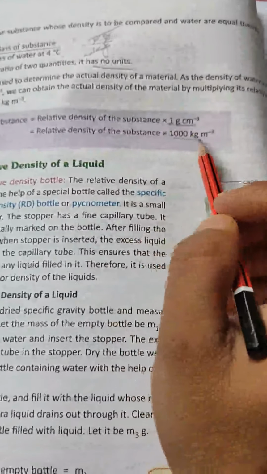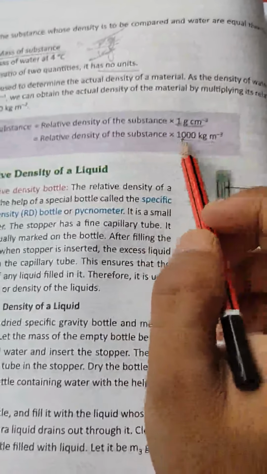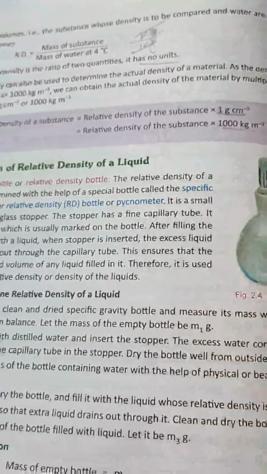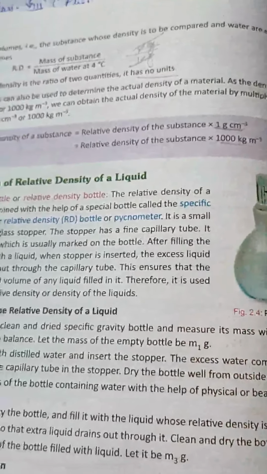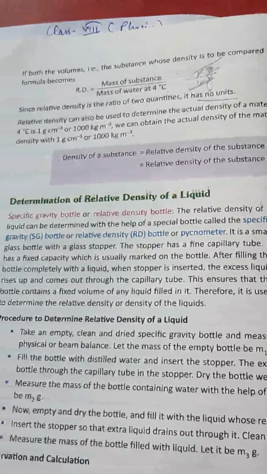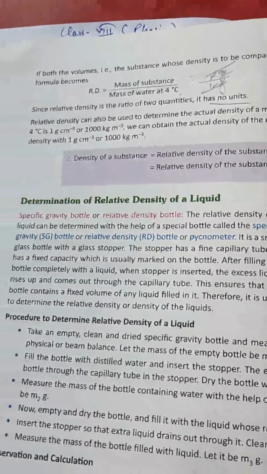This is the method for finding the density of a substance using the relative density formula.